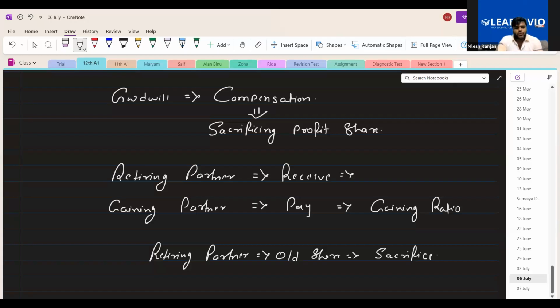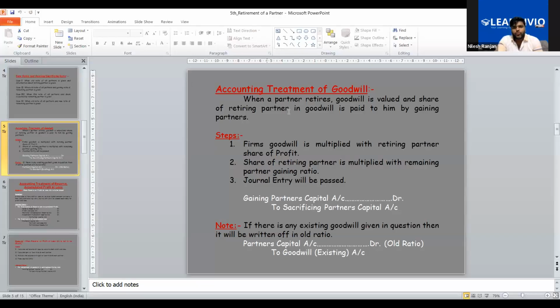So goodwill is compensation. It will be paid to the retiring partner at the time of retirement. In the questions, goodwill will be given, or you may have to calculate it. The formula: goodwill is multiplied with the retiring partner's share of profit.